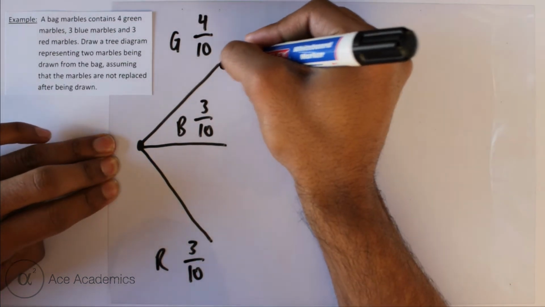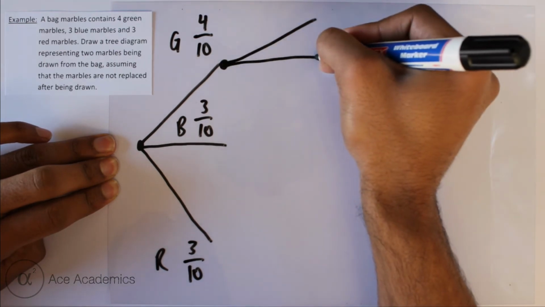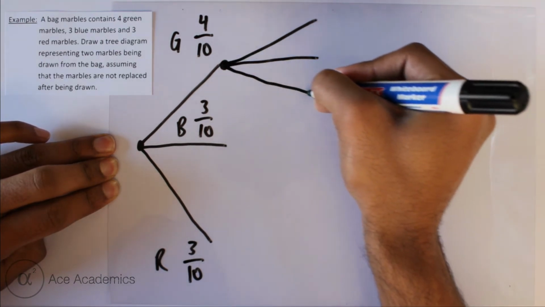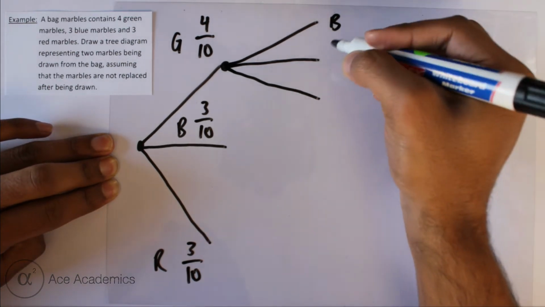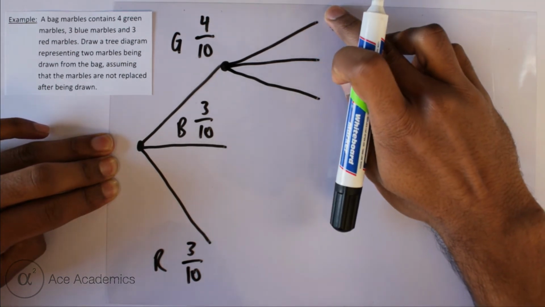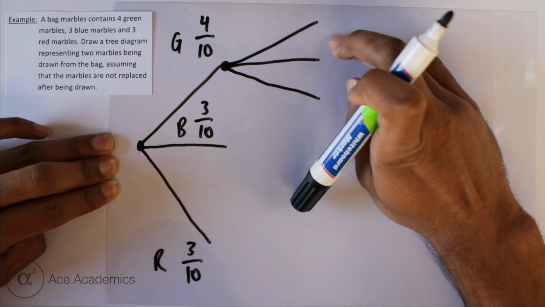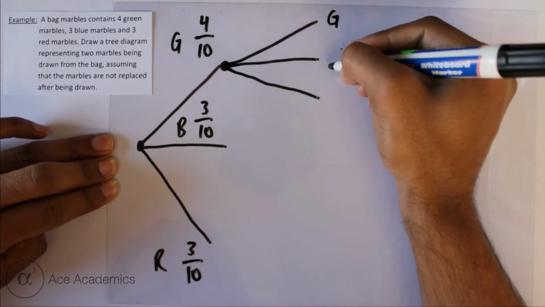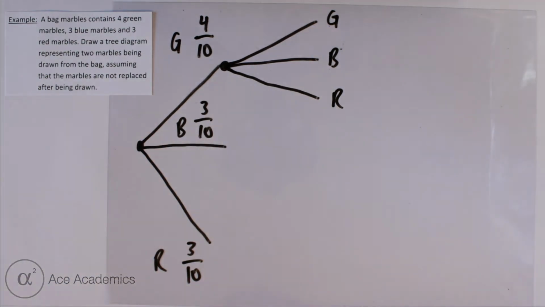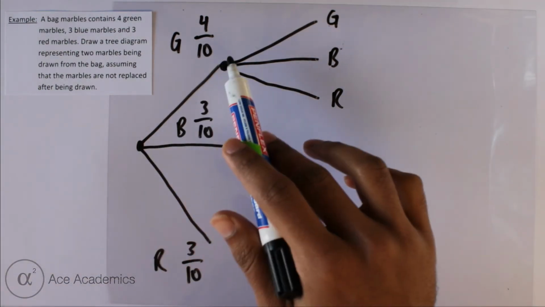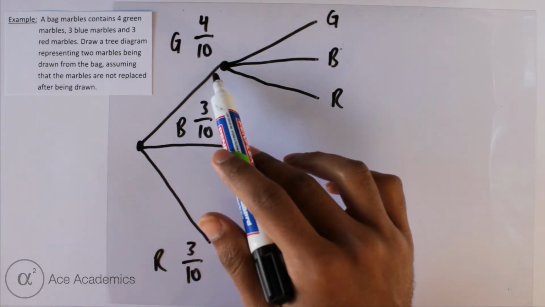In the second draw, we can again either get a blue, a green, or a red. Green, blue, and red. Okay, so the first part represents drawing a green first.